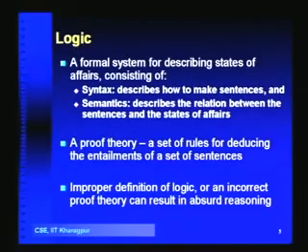If you have an improper definition of logic or an incorrect proof theory, then you can actually have all kinds of absurd reasoning. So, for example, in Bengali, Thakur means a chef.